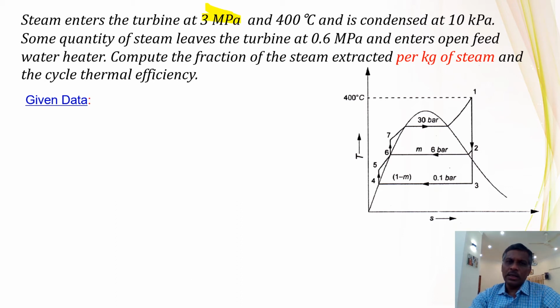You can see the inlet pressure is 3 megapascal and 400 degrees centigrade. Once the pressure and temperature are given, you can know that it is a superheated condition. You can use the steam table to find out from the superheated tables.